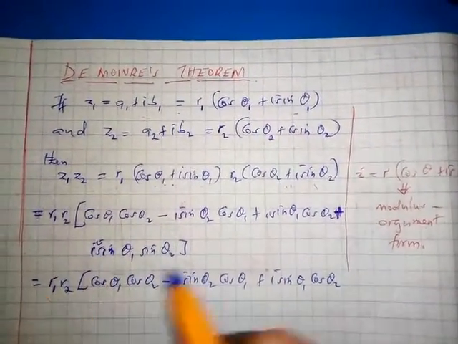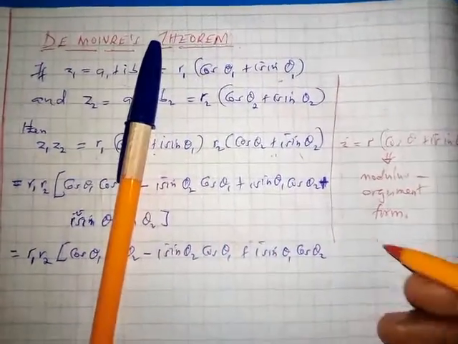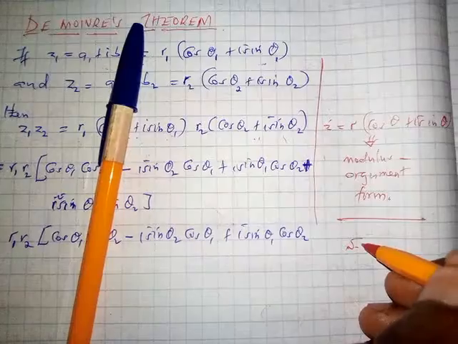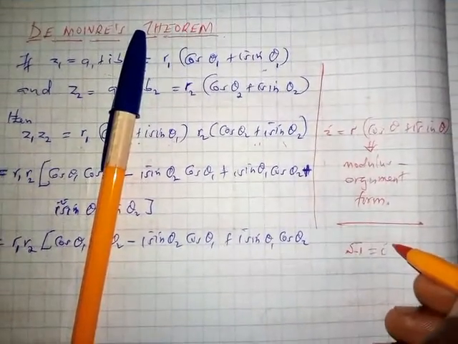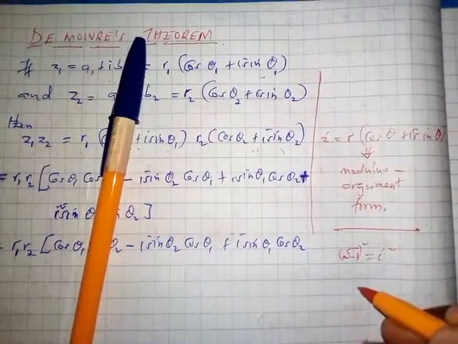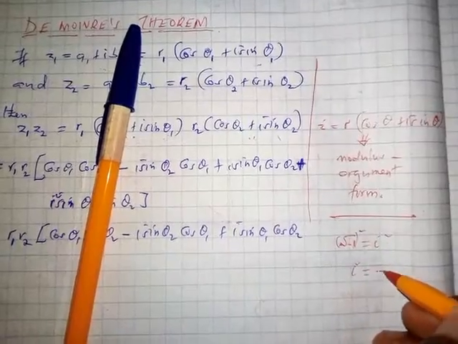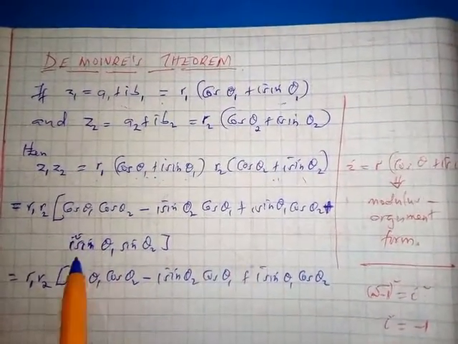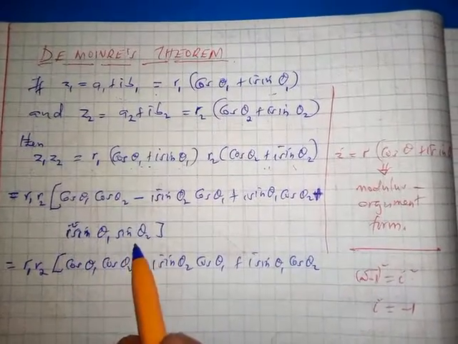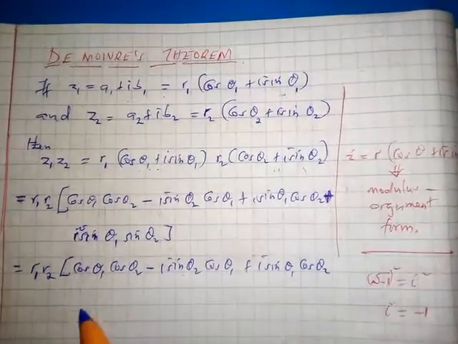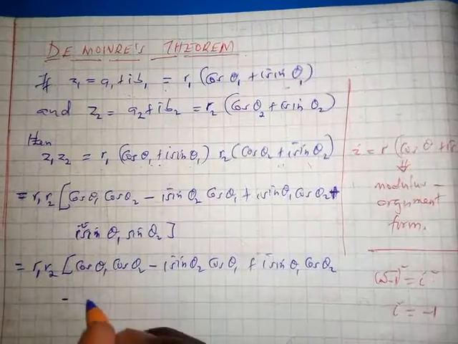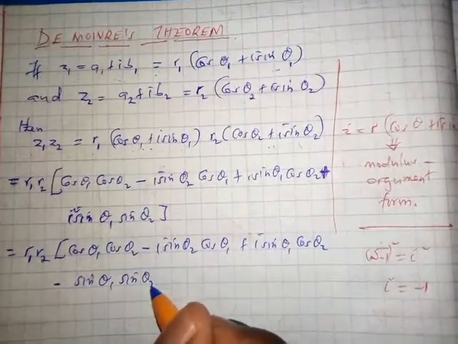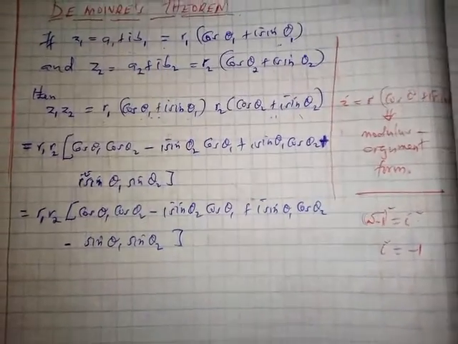So i squared: remember that the square root of -1 is equal to i, meaning i squared is equal to -1. So here we have plus i squared sin theta 1 sin theta 2, which is the same as minus sin theta 1 sin theta 2. Are we there?